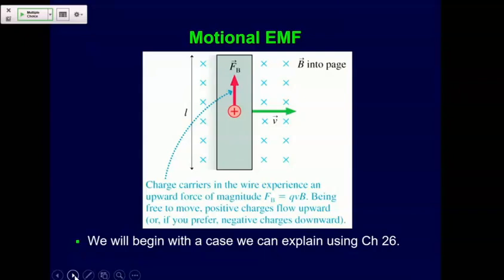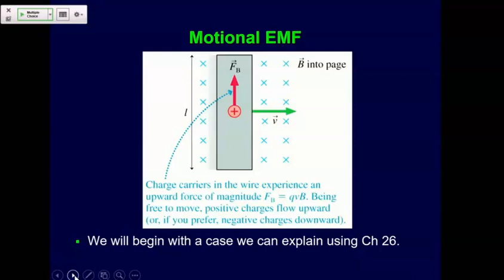But here we have just a piece of metal, some bar of metal, really boring, and I'm moving it through a magnetic field. If we take our right-hand rule, this bar is a piece of metal, it's a conductor, so it's got charges that are free to move, and if you move it this way, we take our flat right-hand rule and say my thumb goes with the velocity, my fingers go with the magnetic field, the force on a positive charge would be upwards, like here.